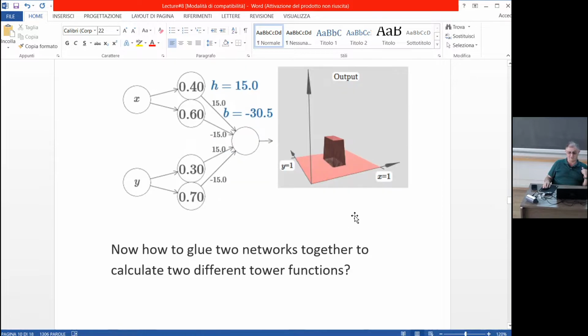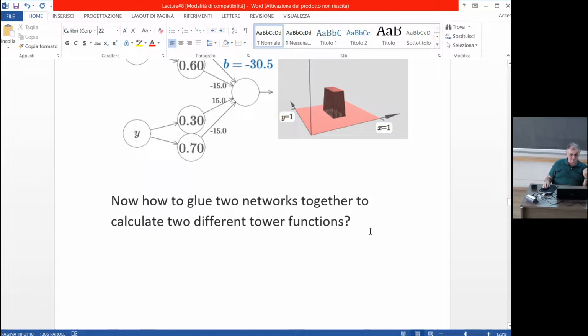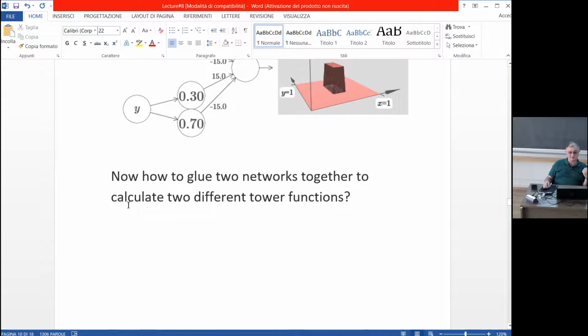The pure tower function. So our ideal rectangle, so it is this parallelogram in our 3D. So now how to glue two networks together to calculate two different tower functions?